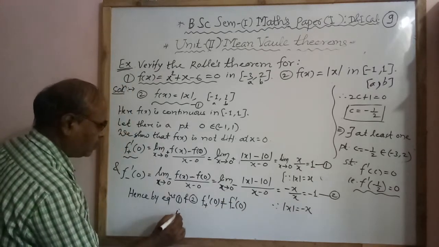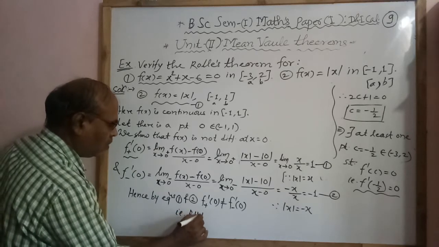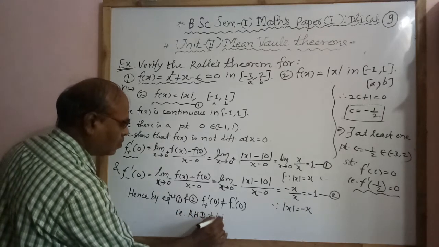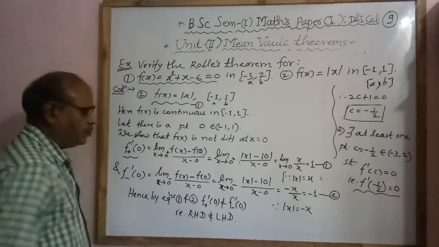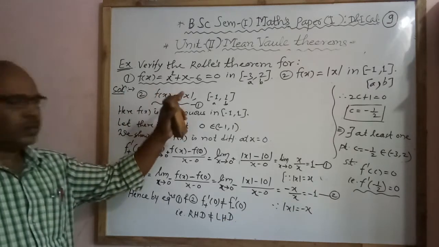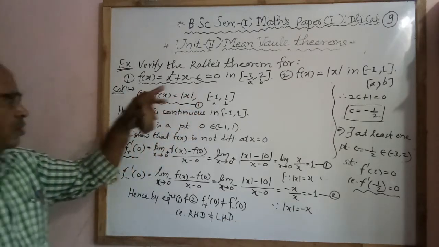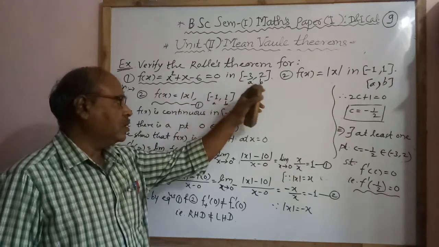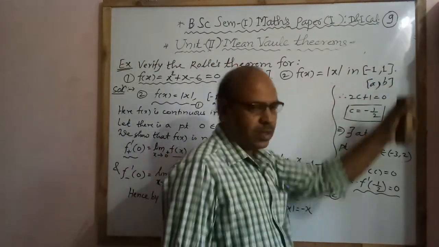That is, the right hand derivative is not equal to the left hand derivative. Therefore, the second condition of Rolle's theorem, that f of x is differentiable on the open interval minus 1, 1, is not satisfied.